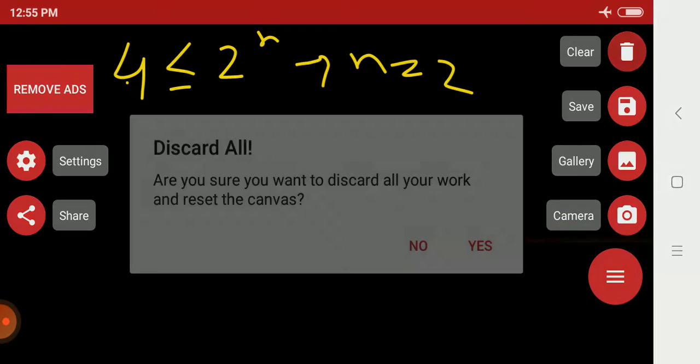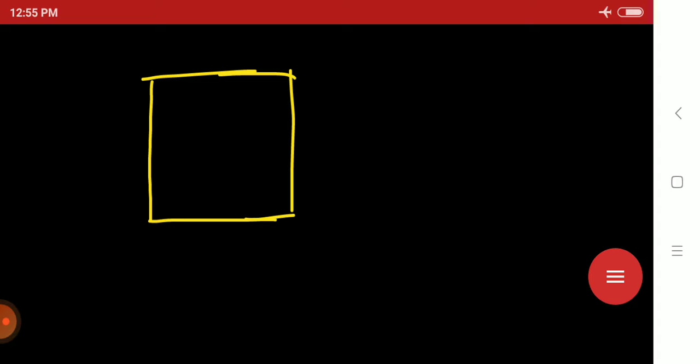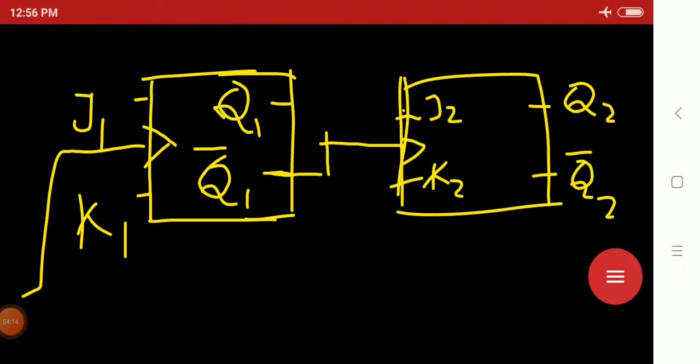First of all, mod 4 up counter means n equals 2, that means 2 flip-flops will be needed. So first of all, I have to draw 2 JK flip-flops. Here we can see there are 2 flip-flops, one with J1 K1, another with J2 K2, and Q1 is the output and Q1 bar is its complement.